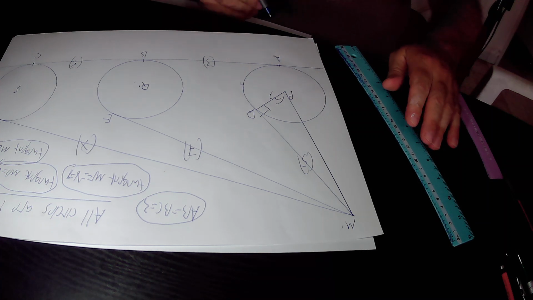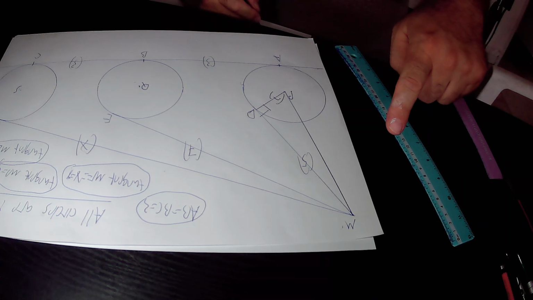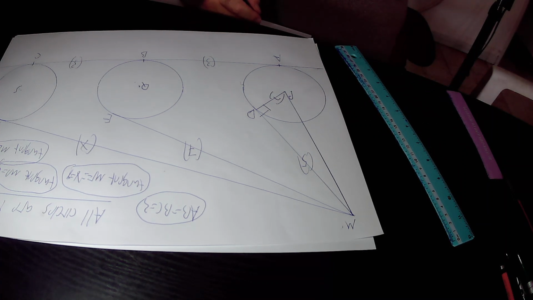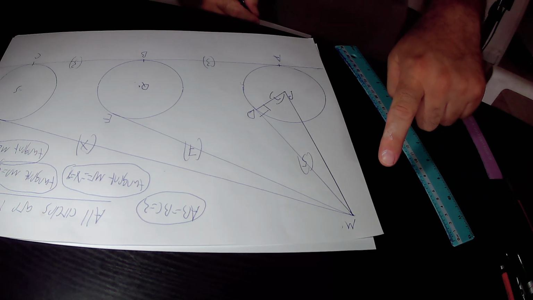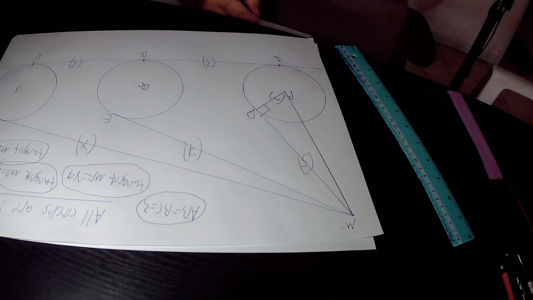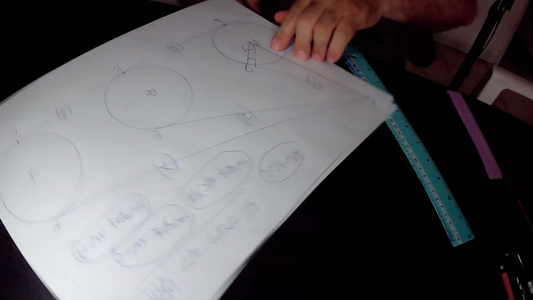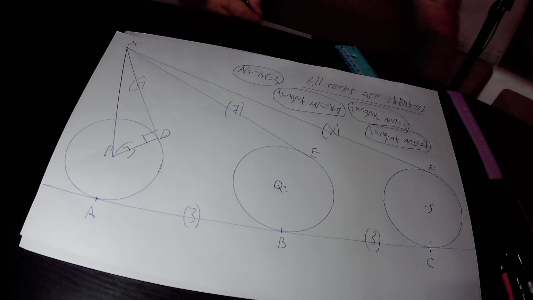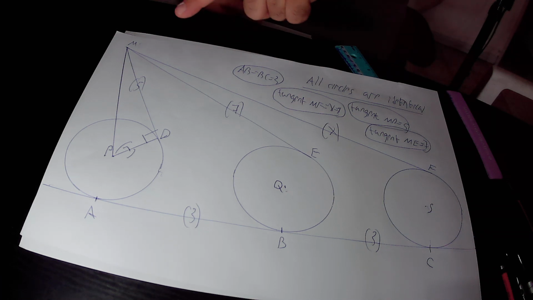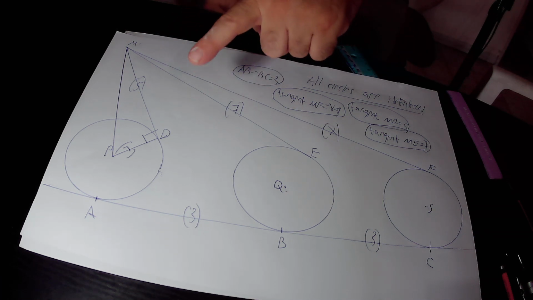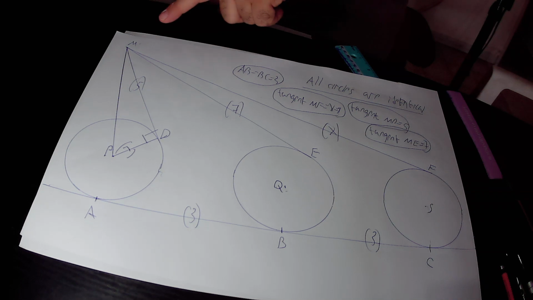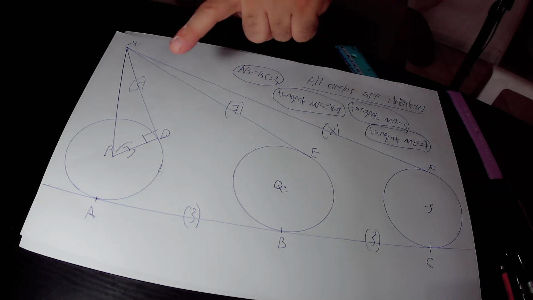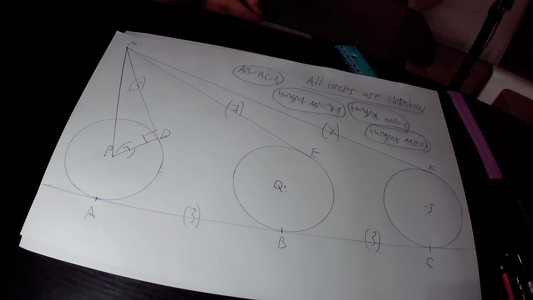By joining points M and P, we created the right triangle, triangle MPD. So we implement the Pythagoras theorem on this right triangle, triangle MPD. According to the Pythagoras theorem, in any right triangle, the square of the hypotenuse equals the sum of the squares of the perpendicular sides. The hypotenuse in this right triangle MPD is MP. Therefore, MP squared equals PD squared plus DM squared.